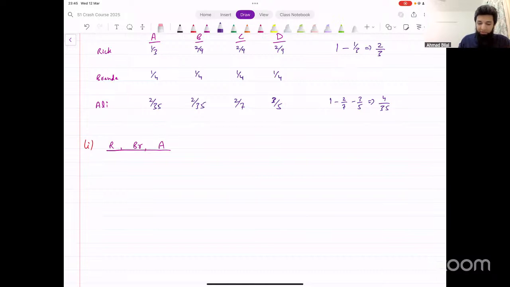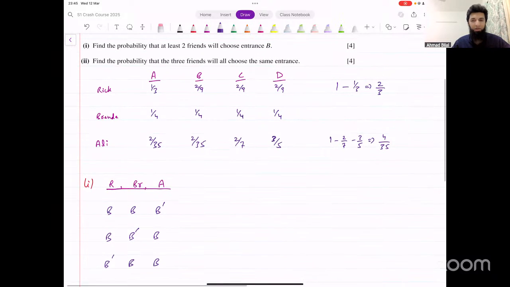One possibility is that Rick chooses entrance B, Brenda chooses entrance B, Ali does not choose entrance B. So B complement, that means not B. Another possibility would be that Rick chooses entrance B, Brenda does not choose entrance B, and Ali chooses entrance B. Then another possibility would be that Rick does not choose entrance B, Brenda chooses entrance B, and Ali chooses entrance B. And these are 3 possible cases that we could have.